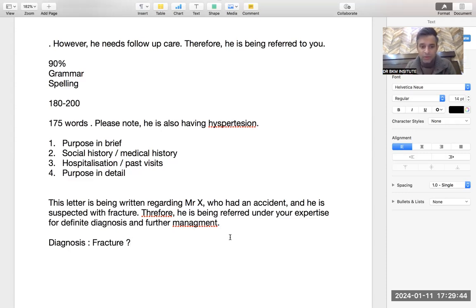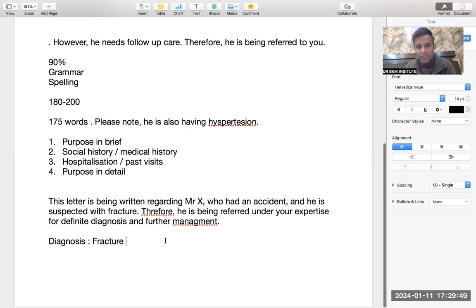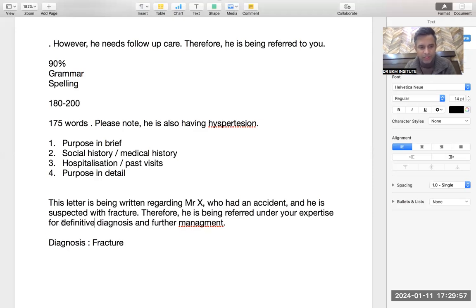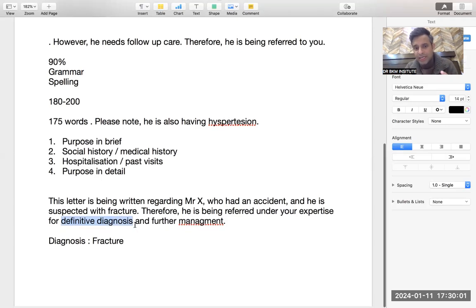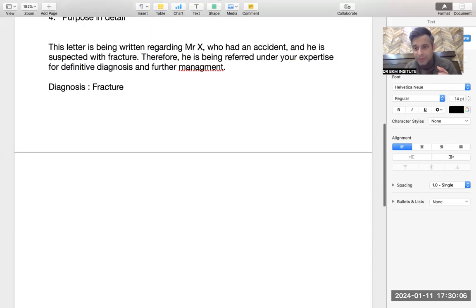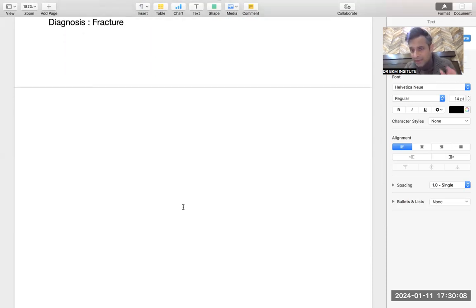If the question mark is not given, that means the patient is diagnosed with fracture. Then you will refer to the orthopedician for the required treatment. Then you will not say definitive diagnosis. Definitive diagnosis, sorry, very important word. Definitive diagnosis. So the OET letter depends all upon to whom we are writing the letter. If you can find the purpose, then you will always write it fine.